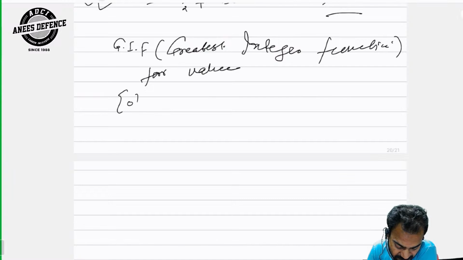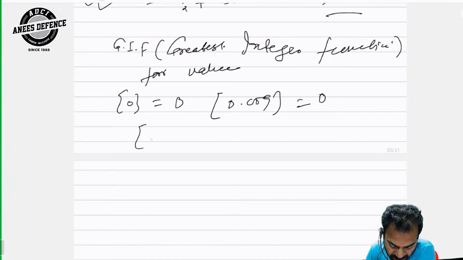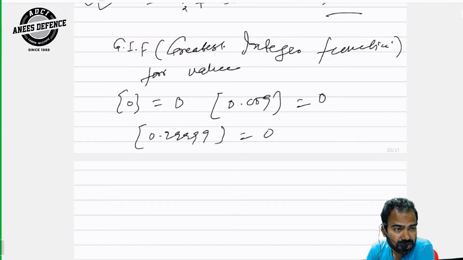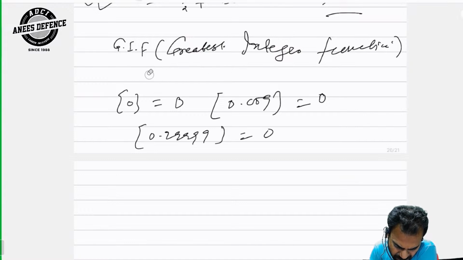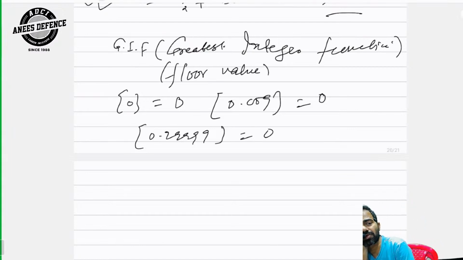Suppose that I have 0, the value will be 0. Suppose the point 0.00009, the value will be 0. About the point 0.99999, the value will be, I will always take floor value. Always have floor value.